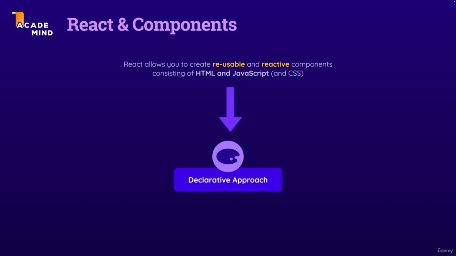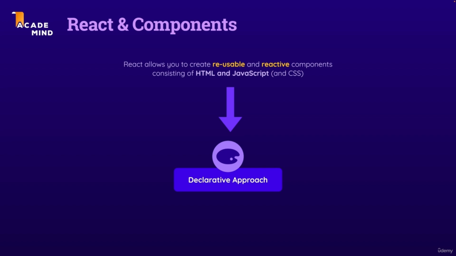And you will see what exactly that is, but it basically means that with React, you will not tell React that a certain HTML element should be created and inserted in a specific place on the user interface, as you would be doing it with vanilla JavaScript, so with just JavaScript, for example.